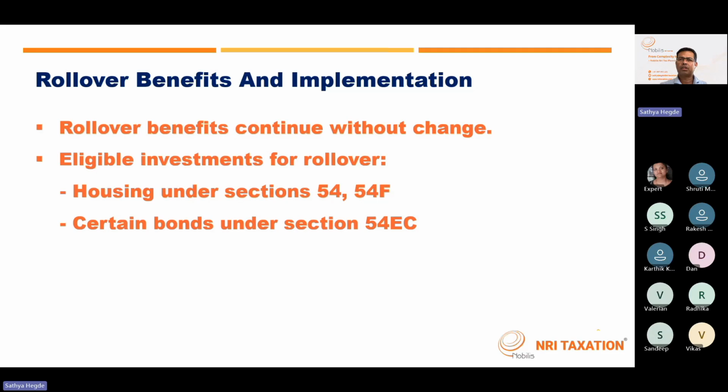After considering the tax liability, even though he's saving some taxes in India, his tax liability goes up in Australia because he's already in the highest tax bracket. So we advised him not to reinvest. And it's very hard, right? Your money is getting stuck in India for another 5 years. Then you'll have to do the repatriation and all that process once again. But if your situation is not so, then feel free to explore the rollover options.